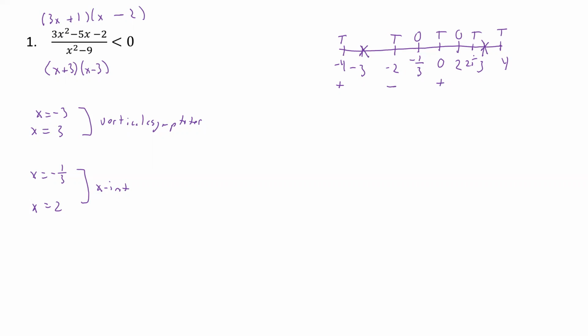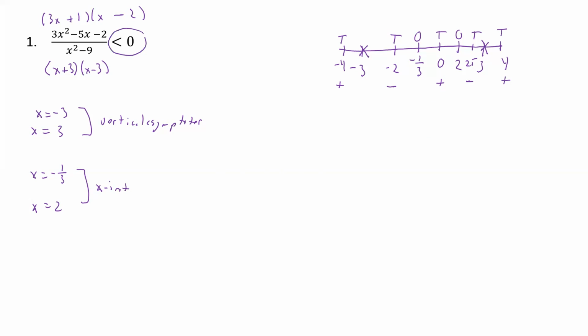Now I plug in a 2.5, in each place, and I get a negative in that region here. And so now if I plug in a 4, that gives me a positive, and so that's that.